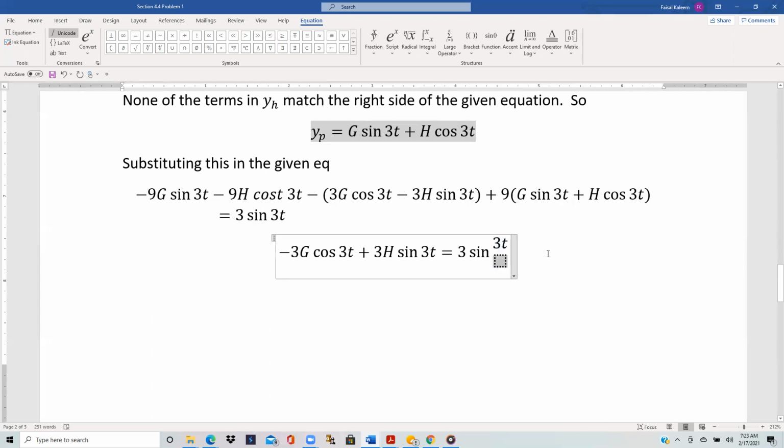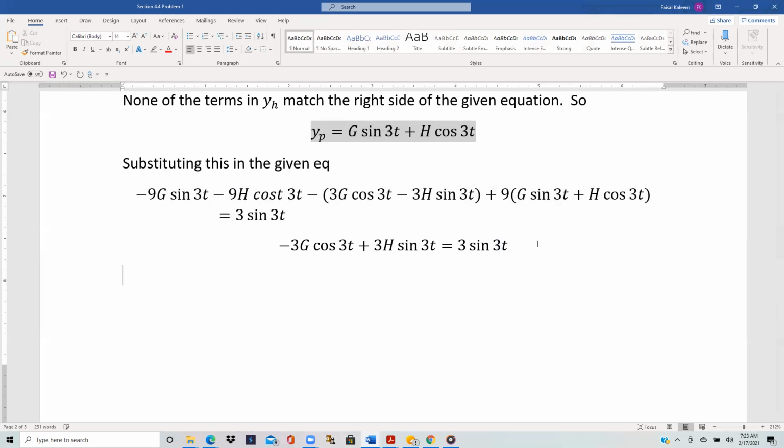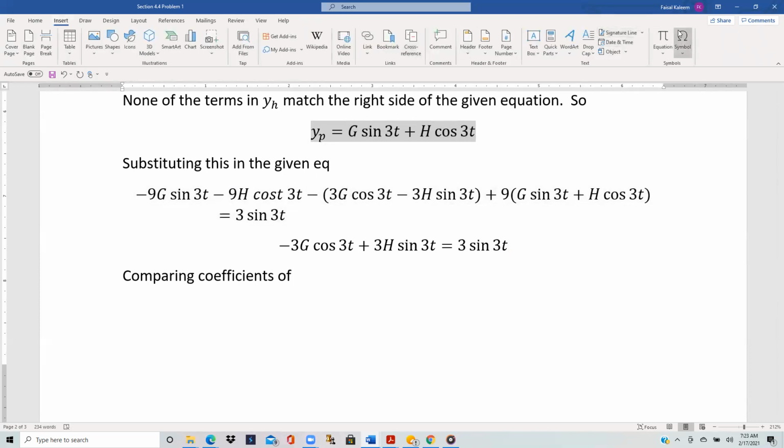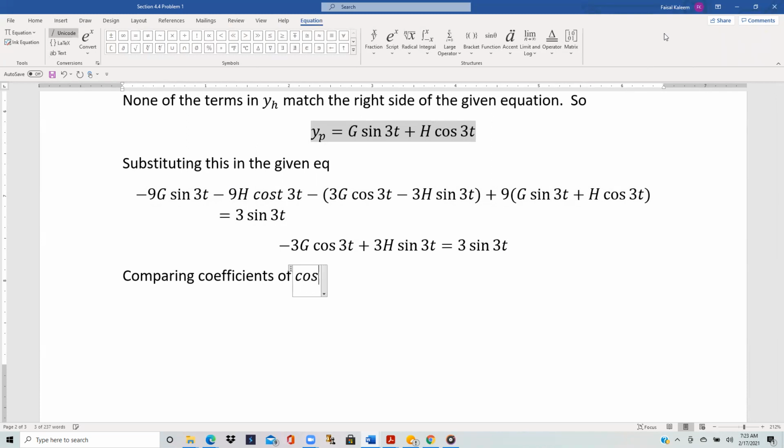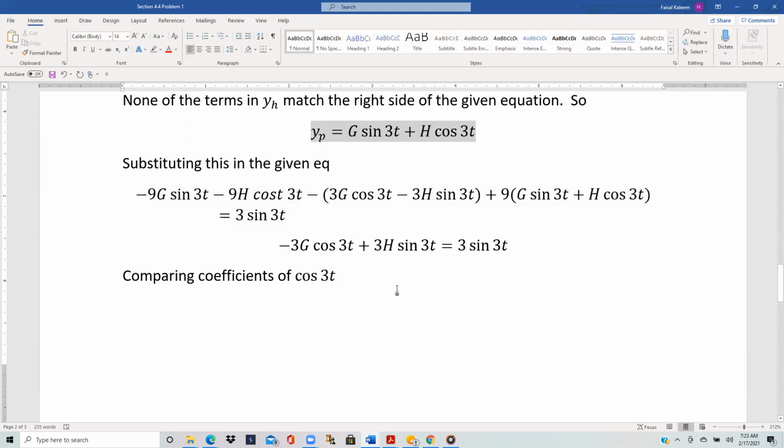So comparing coefficients of cos 3t on both sides of the above equation.